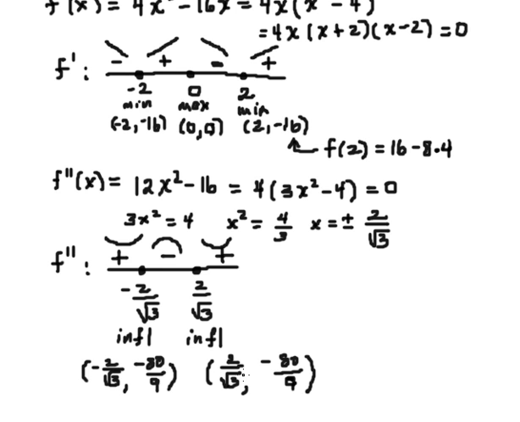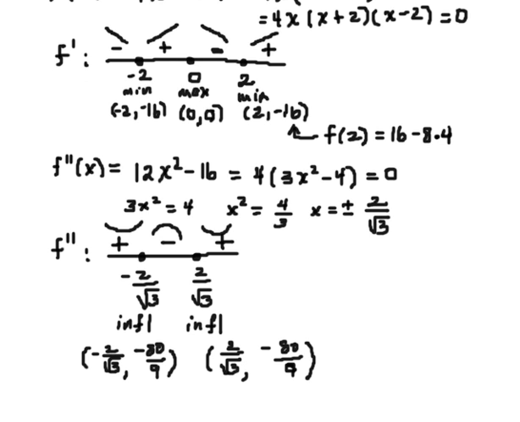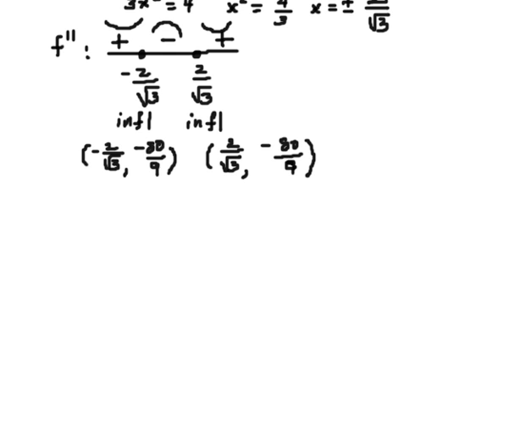And now we can start filling in our graph. So let's do that. So here's our graph. Well, we have intercepts 0, 0, the square root of 8, and minus the square root of 8.